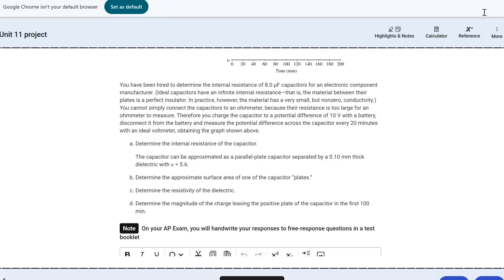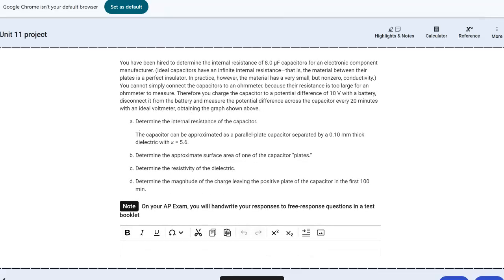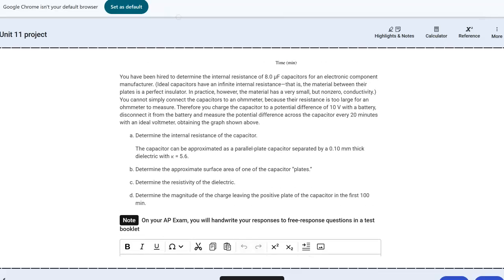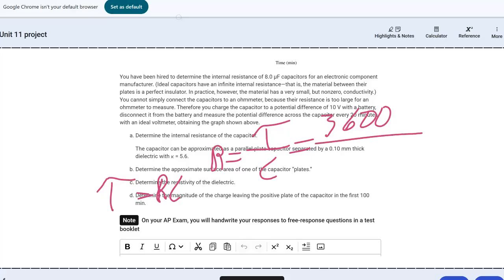And then 60 minutes, that'd be 3,600 seconds. And then we're gonna solve for the time constant. R equals the time constant, 3,600, and then the capacitance was given 8, so 8 times 10 to the negative 6.